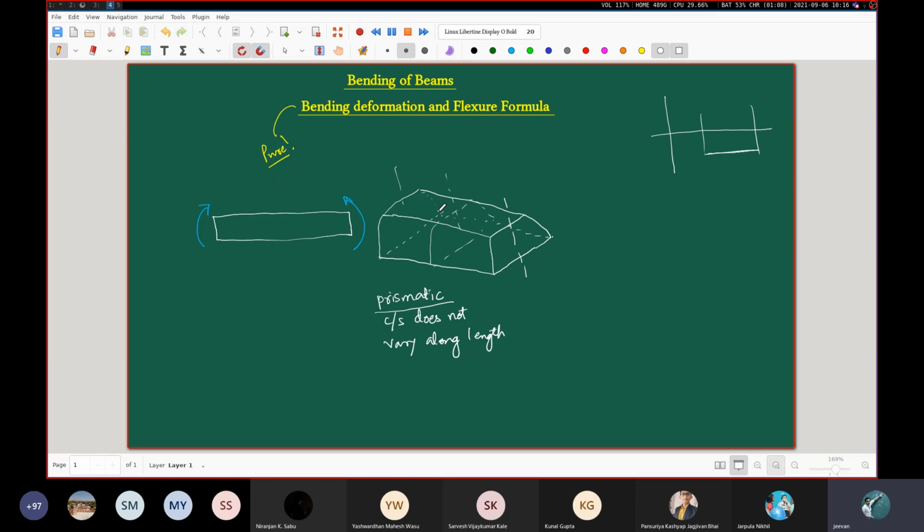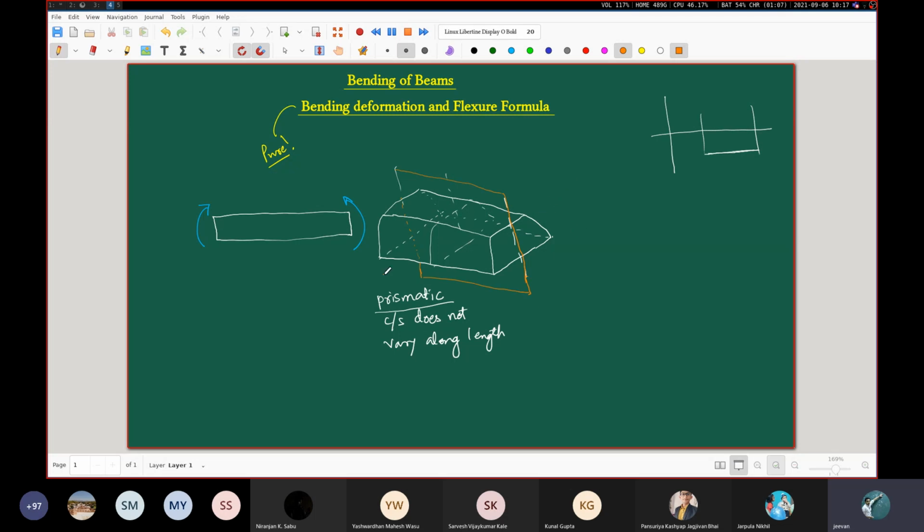So overall, you can understand that there is actually a plane of symmetry for this entire beam. So this orange colored thing that I have just drawn is the plane of symmetry.